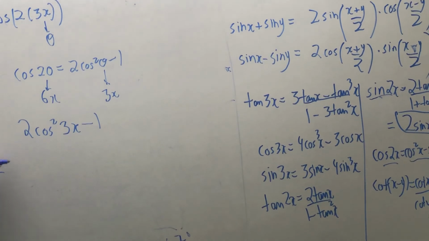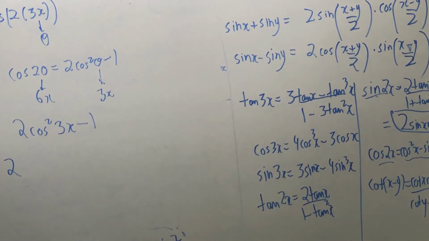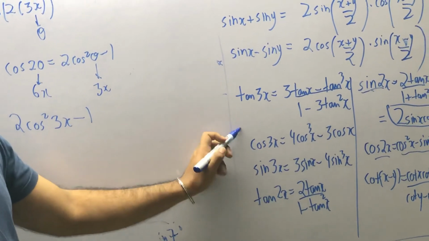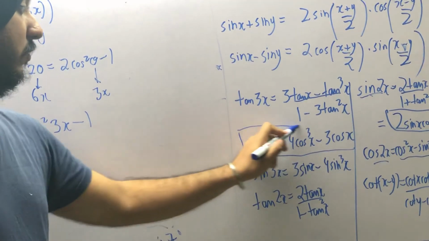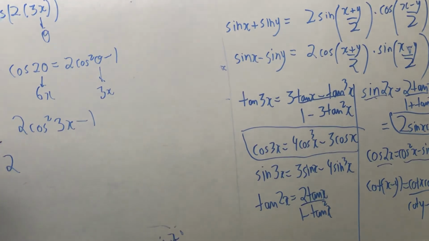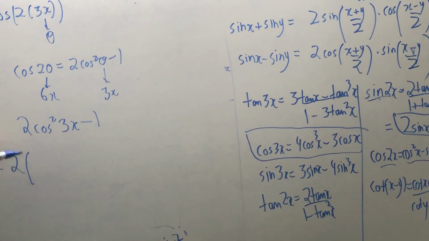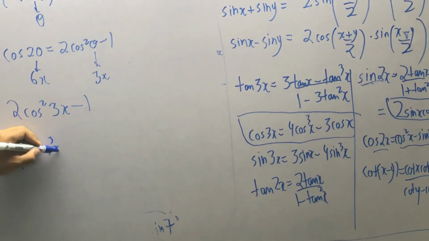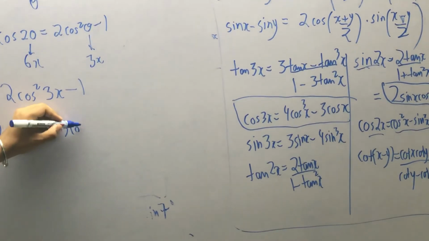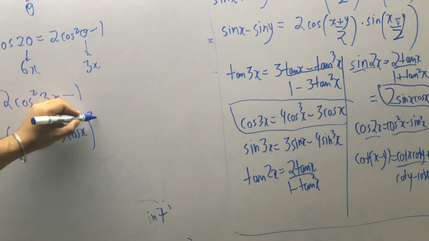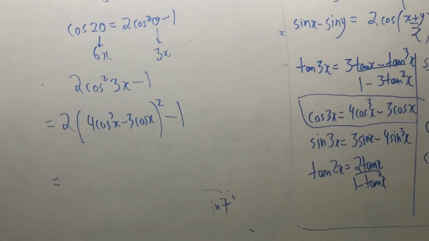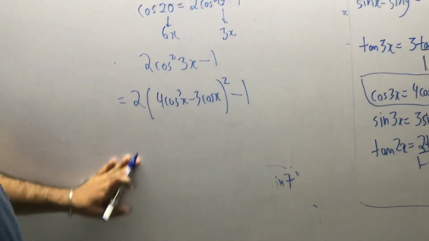Now what is cos 3x? This formula. So 2 into the whole square minus 1. Let's just put the value of cos 3x. Now just open the whole square.